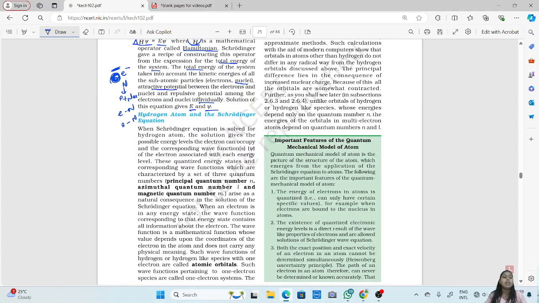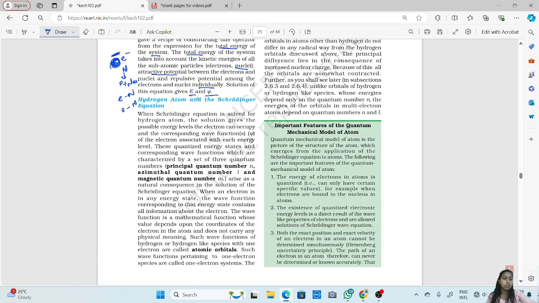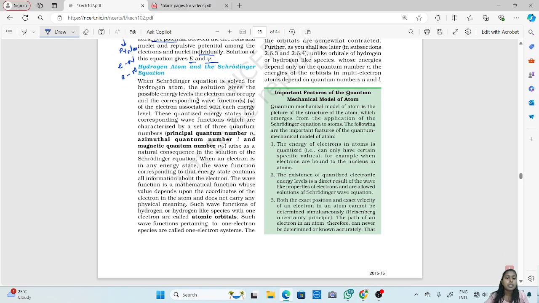Now, the hydrogen atom and the Schrödinger equation. Now we'll see the Schrödinger equation on the basis of the hydrogen atom. When the Schrödinger equation is solved for the hydrogen atom, the solution gives the possible energy levels the electron can occupy and the corresponding wave functions of the electron associated with each energy level.